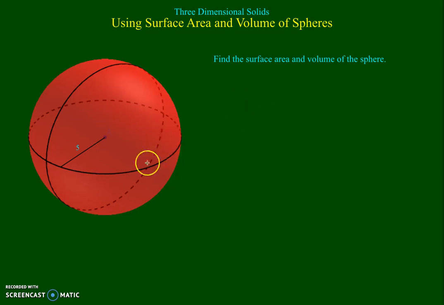Here we have a sphere, and we are given a radius of 5, and we're asked to find the surface area and volume of the sphere. My recommendation is generally to write down your formula first and work off of the formula. So let's first start with surface area, and I'm going to abbreviate surface area as SA, equals, remember it's 4 pi r squared.